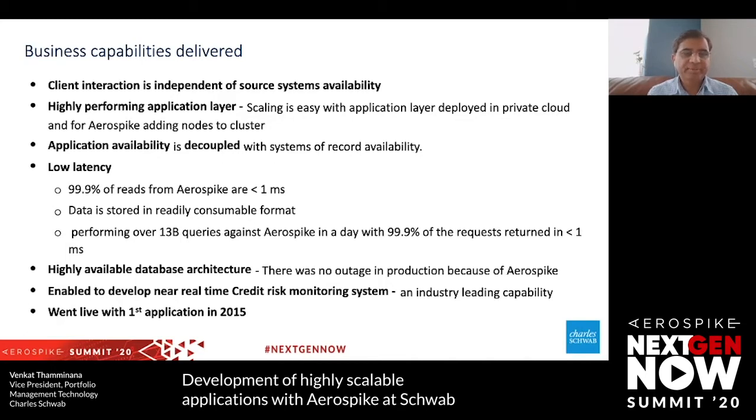We always supported 4x load, and it was reflected when we had the corona scares. The market went very volatile, our systems were very stable, and we never had an issue with latency or performance during this time. This is a big validation of all the efforts we put into modernization.